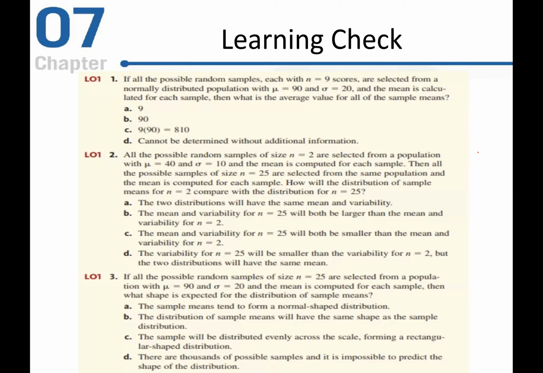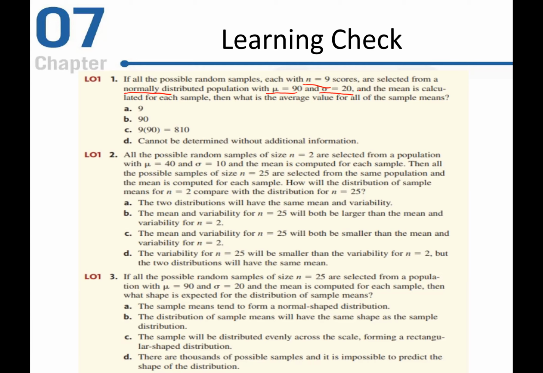So with that in mind, let's do some questions and see if we can figure a lot of these out. If all the possible random samples, each with a sample size of 9, are selected from a normally distributed population, that's important, with a population mean of 90 and a standard deviation of 20, and the mean is calculated for each sample, then what is the average value for all the sample means?